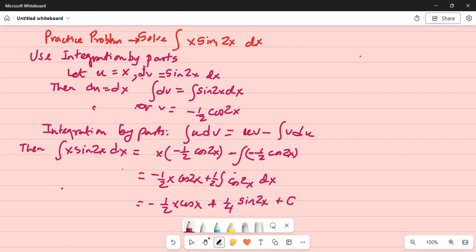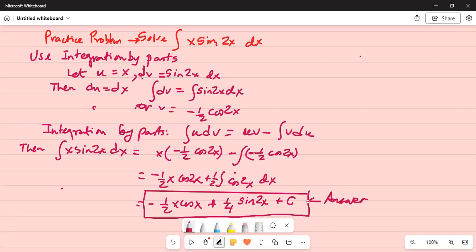Okay, so that's your answer using integration by parts. Did you put some thought into how you will solve the quiz problem? So this is your answer for the practice problem.